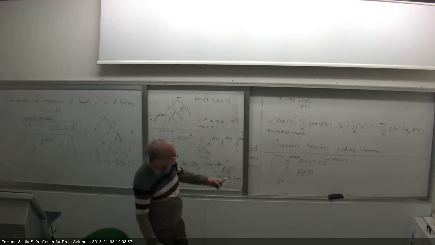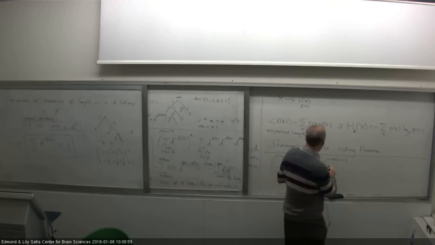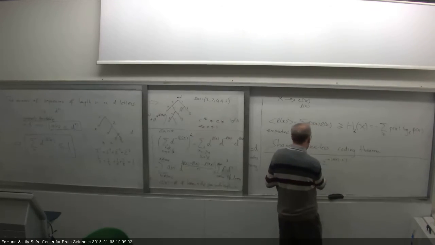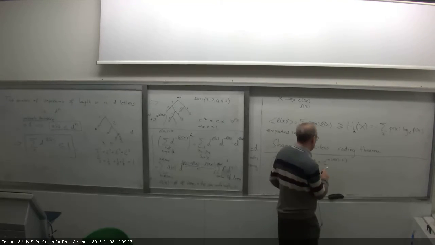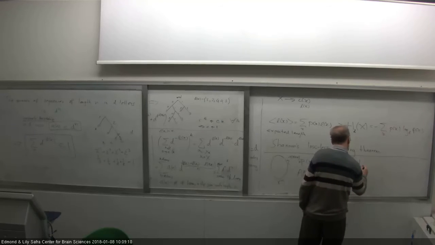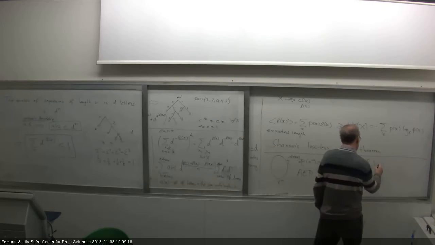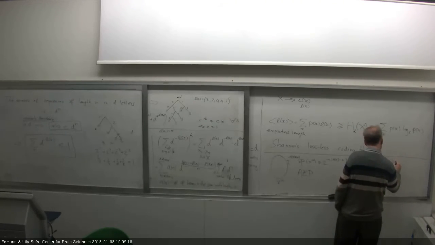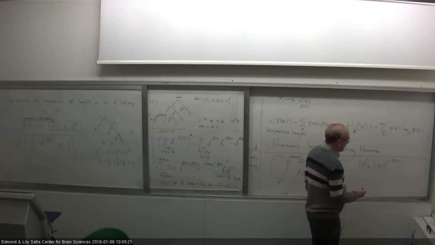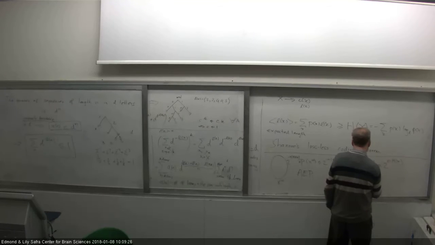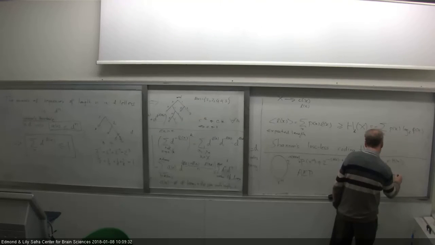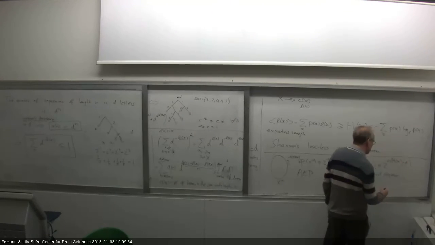So this means that all of them are equally likely, and I also know, of course, that the number of typical sequences is bounded by essentially 2 to the n(H plus epsilon).